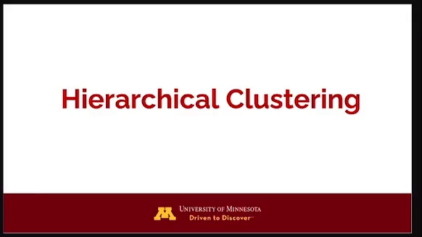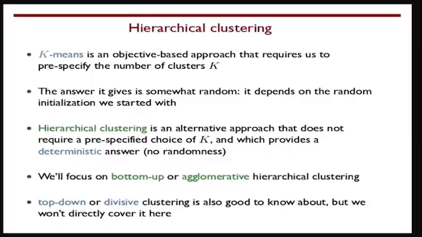Now, I want to welcome you to hierarchical clustering, which is another important algorithm for hard clustering. Now, I need you to pay attention. Look at what I said in number one. The K-means is an objective-based approach that requires us to predetermine the number of clusters. But here we don't need that.